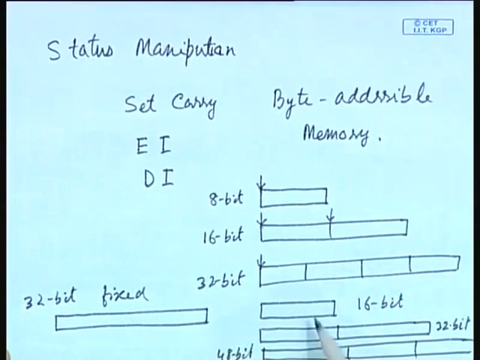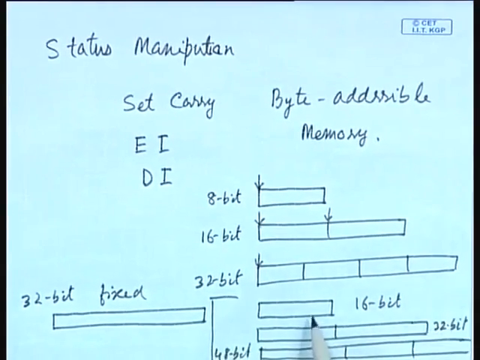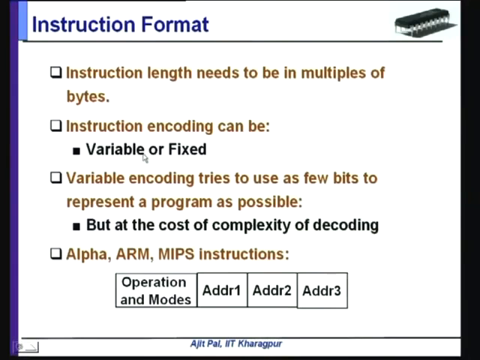That means instructions can be of 1 byte, 2 byte, or 3 byte size. So, we call it variable format.